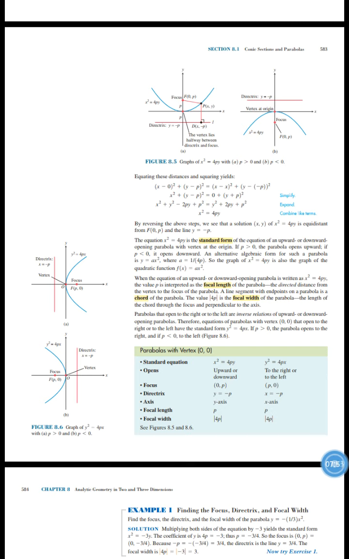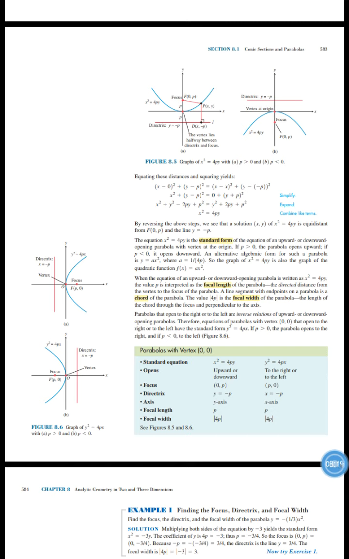And then your directrix needs to be the line which is the same distance from the vertex, so that would be y equals negative p. Remember, another set of parabola would be y squared equals 4px, which opens right or left. Your directrix is going to change into x equals negative p.